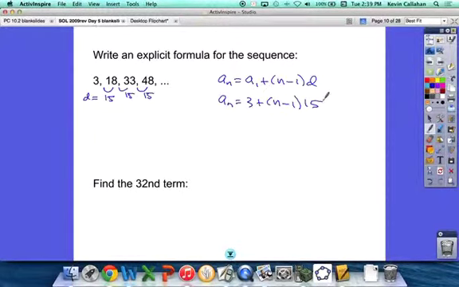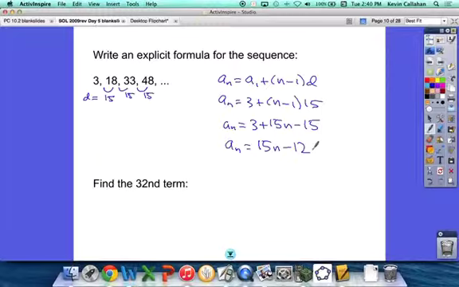And then we should simplify. Distribute. What is it? 3 plus 15n minus 15, combine like terms. Okay, so 15n minus 12. Okay, so that's the formula.